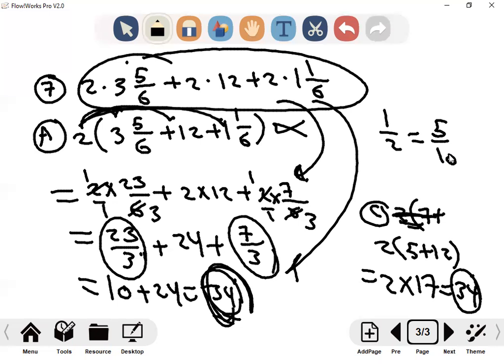Part B, we select it because it is not equivalent. The question wants to find the not equivalent. Part C, equivalent, we don't select it. Part D is already the answer, we don't select it, right? So the only one we will select, which one? Part B. Part B is the correct answer.